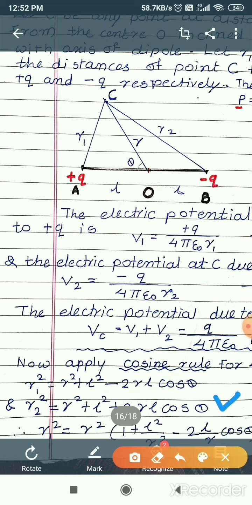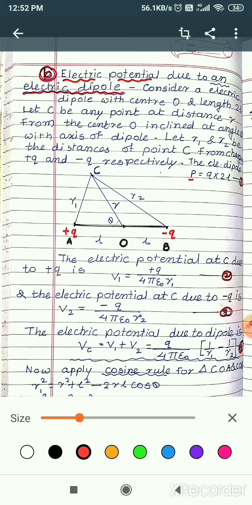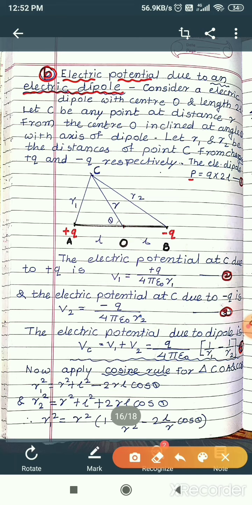Therefore, what is my next step? I will take r square common from r1 square and r2 square. When we take r square common, we get r1 square is equal to r square times 1 plus l square upon r square minus 2l upon r cos theta.